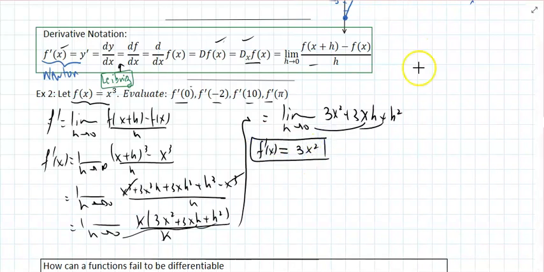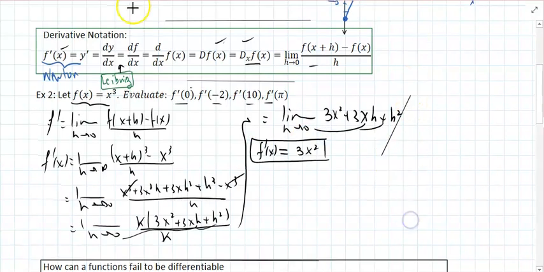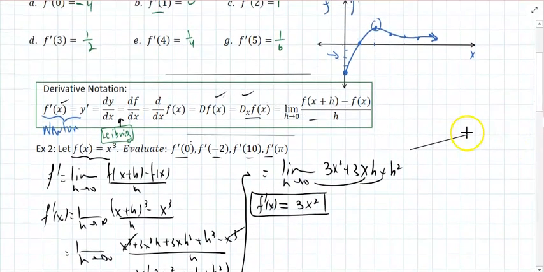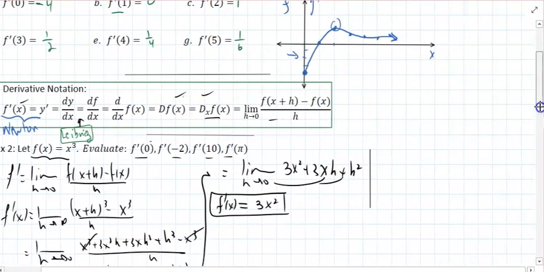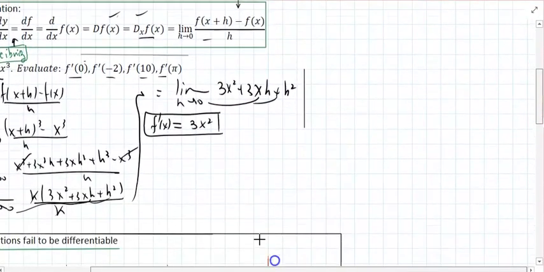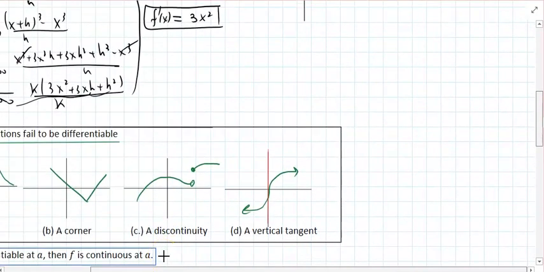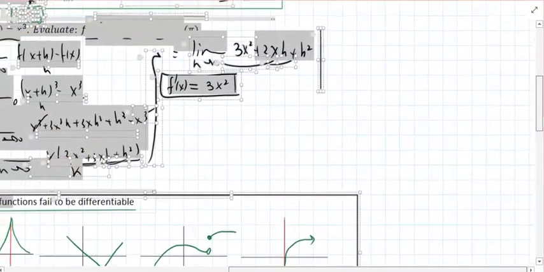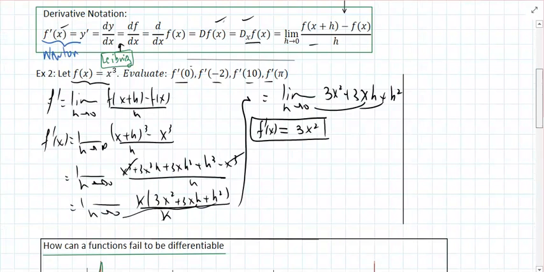Now that I have this, this is what f prime is.